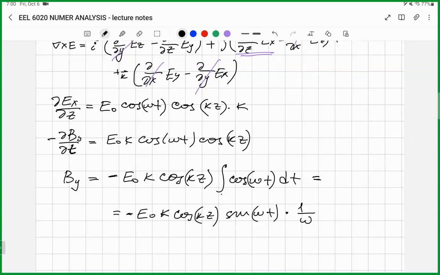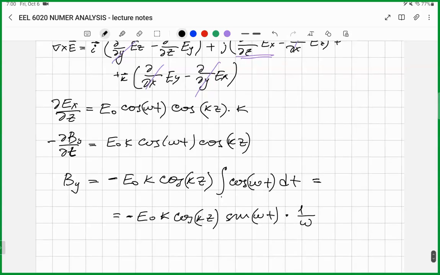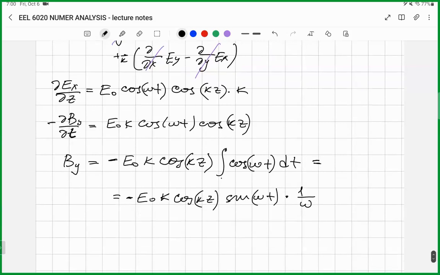Let me see. The integral of the derivative of sine is cosine, so it's going to be plus here.